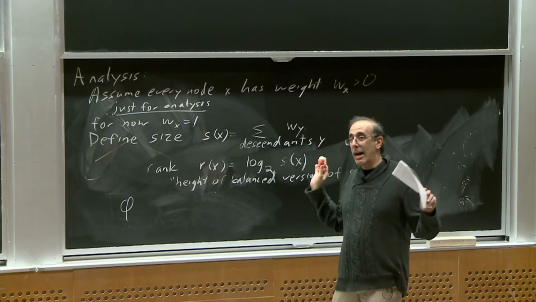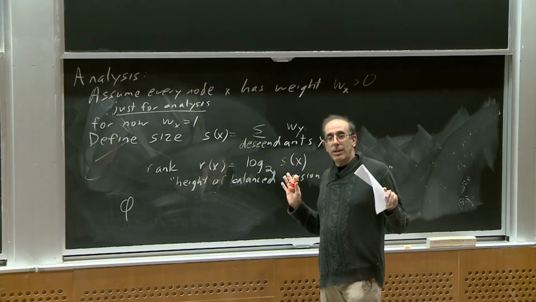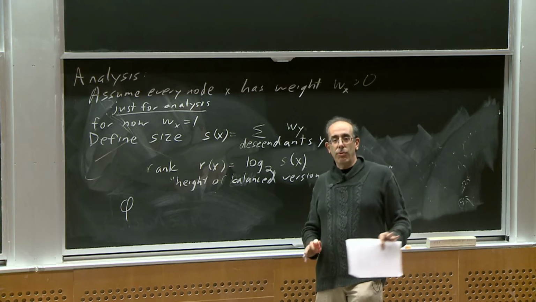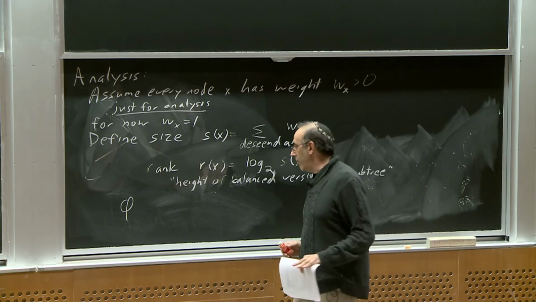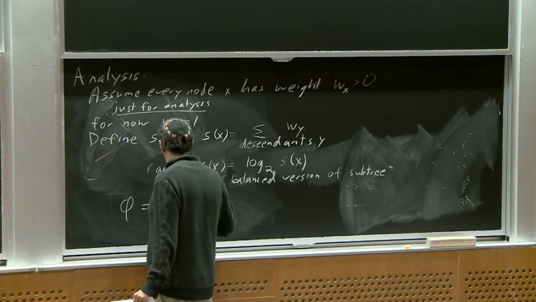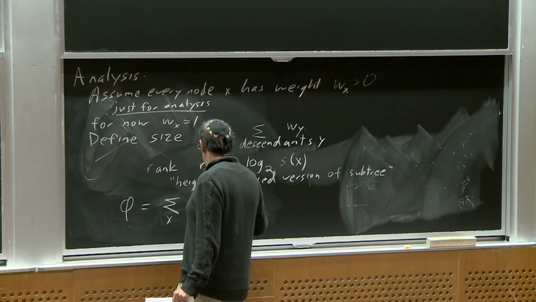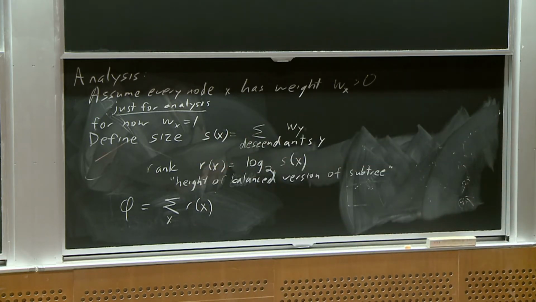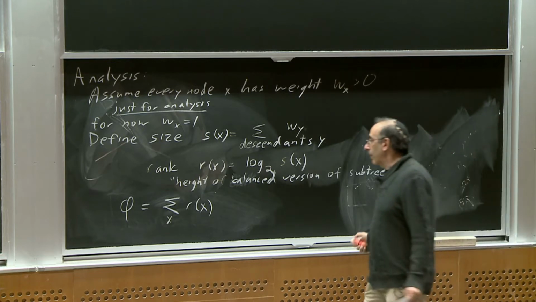So I have no idea how they came up with this potential function. In your problem set for this week, I will give you a rationalization for why it makes sense, but I don't know how they thought of it in the first place. The potential function is equal to the sum over all nodes of the rank of that node's subtree. Okay. Why? Because it works. Okay.